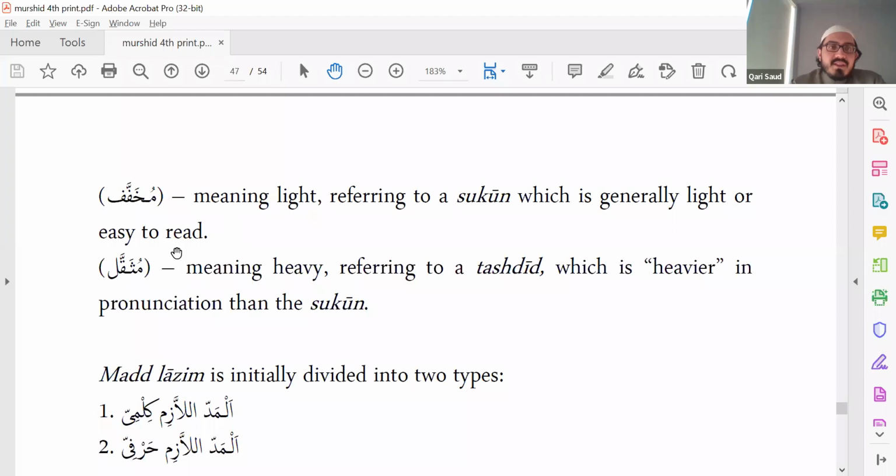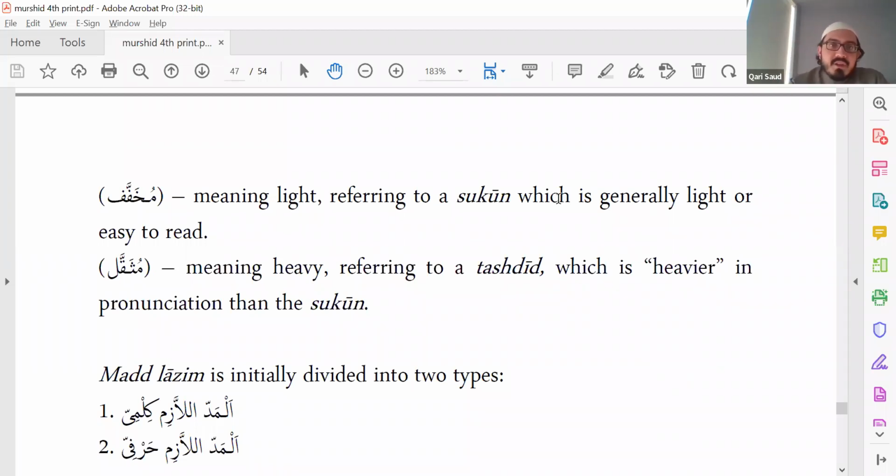And muthaqqal comes from the word thaqil, which means heavy, referring to a tashdid, which is heavier in pronunciation than the sukun. So they're referring to the sukun and tashdid, or the shadda. The comparison is being made there. That's why this is called mukhaffaf, because sukun is lighter than a shadda.